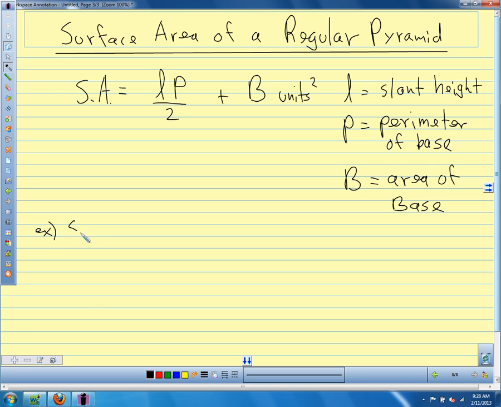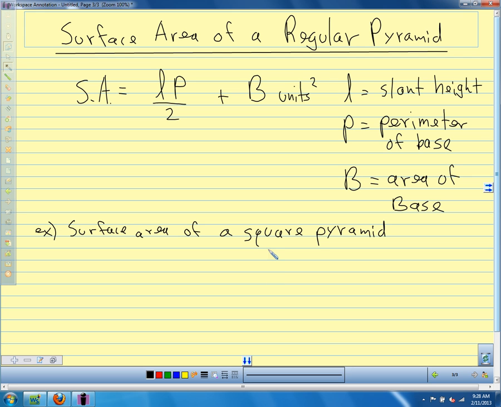We want the surface area of a square pyramid. Now before I go further, square pyramid is telling me what shape is a square, Tanner? Yeah, so what part of the pyramid is a square? The base. So this is telling us that our base is a square.